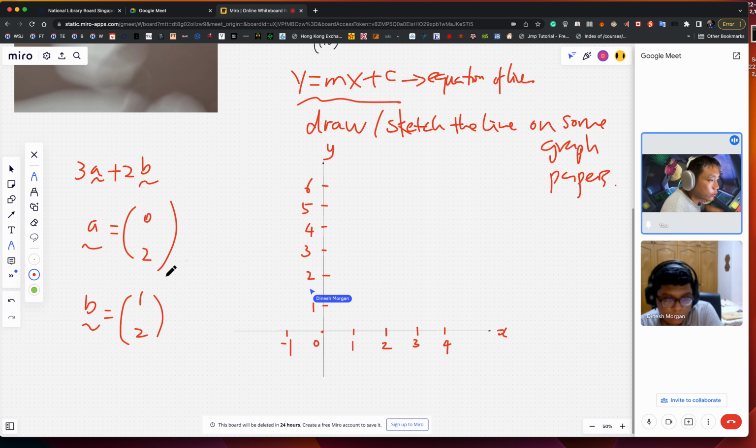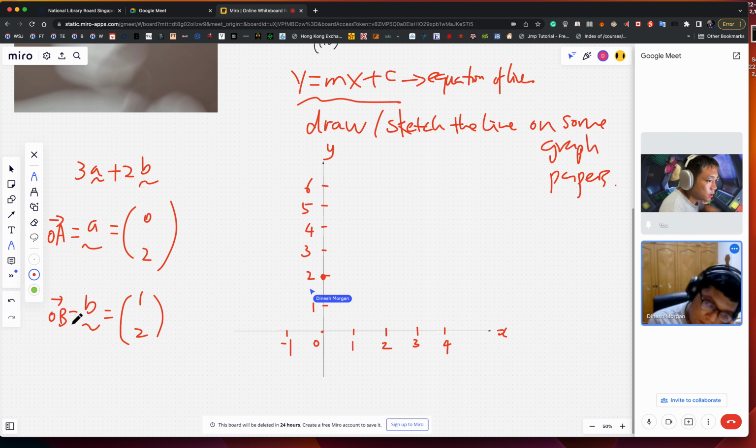So for the column vector of A, 0, 2, which is here. So this is in fact your OA. And this in fact is your OB, so 1 and 2.